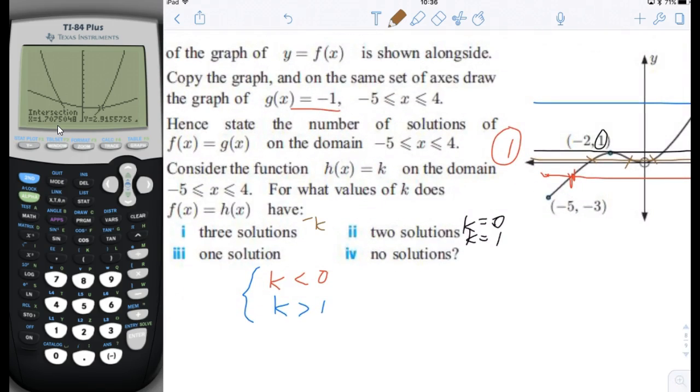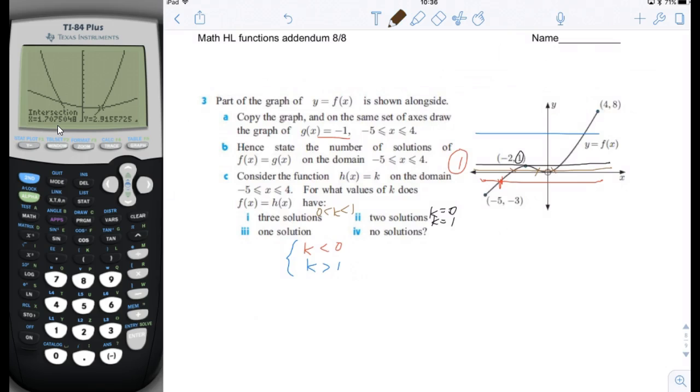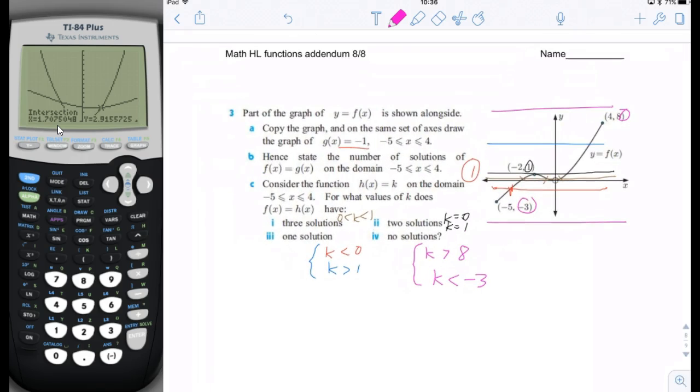So k between 0 and 1, which is the brown line, is 3 solutions. And no solutions would be anything that's pink, which would be above here or below here, which would be k is greater than 8, or k is less than -3. Okay? So that's it for number 3.